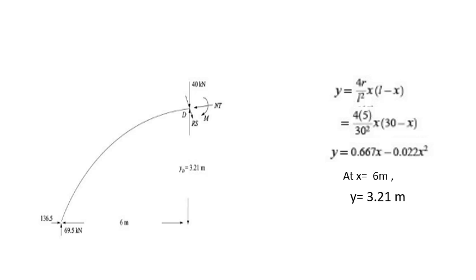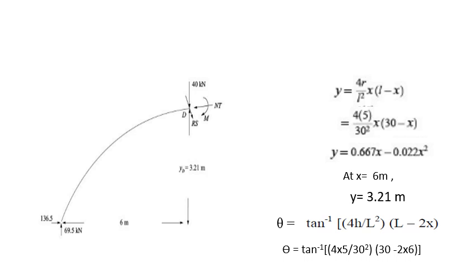Okay. Next is finding the slope theta. Theta is equal to tan inverse 4h by L square into L minus 2x. So substituting h as 5, x as 6, we get theta as 21.80.